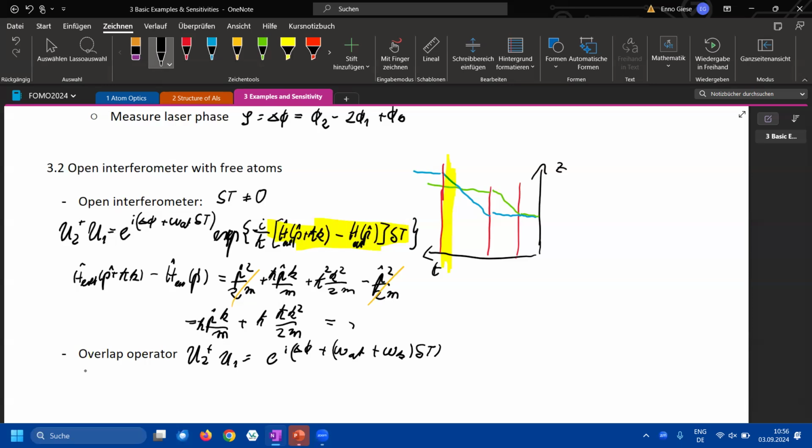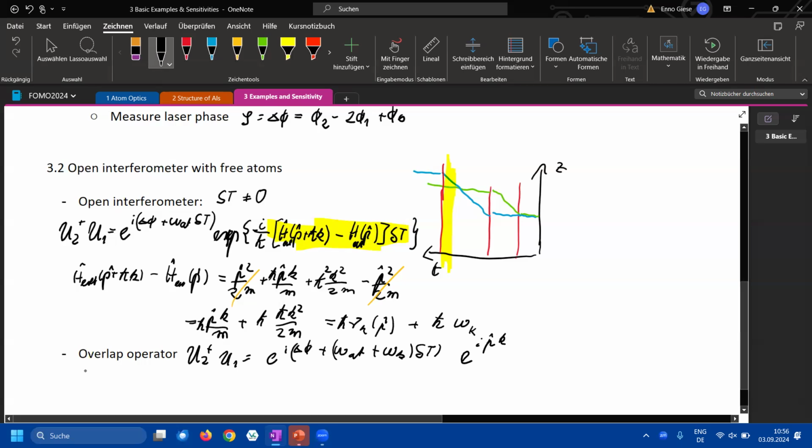I'm sorry, I did not define this. This here is nu k. We had that h bar nu k of p is the Doppler detuning, plus h bar omega k, which is the recoil frequency. And so we effectively get a Doppler detuning at the very end of our interferometer, I p times k over m times delta t.